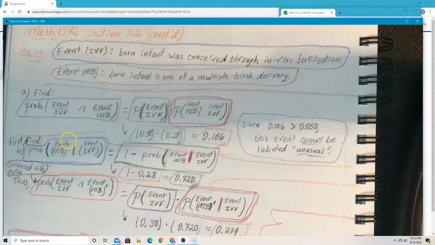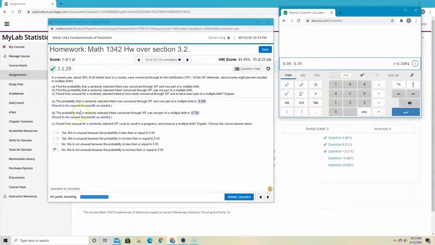Was not. Complement. Not part of a multiple birth delivery.